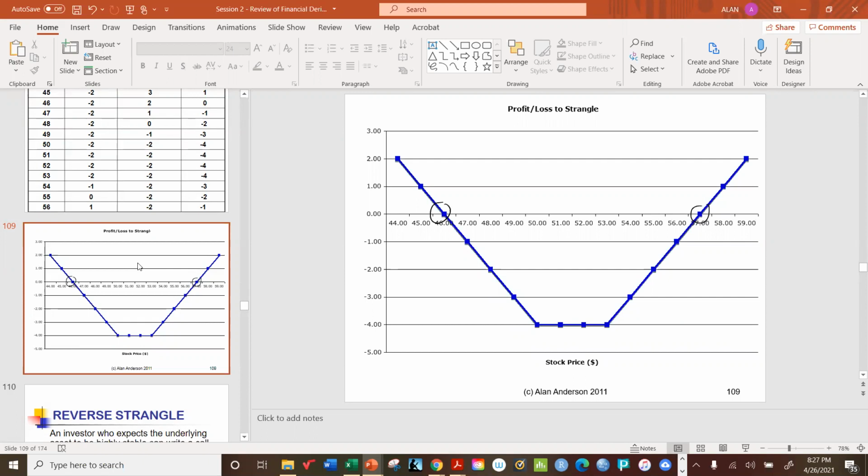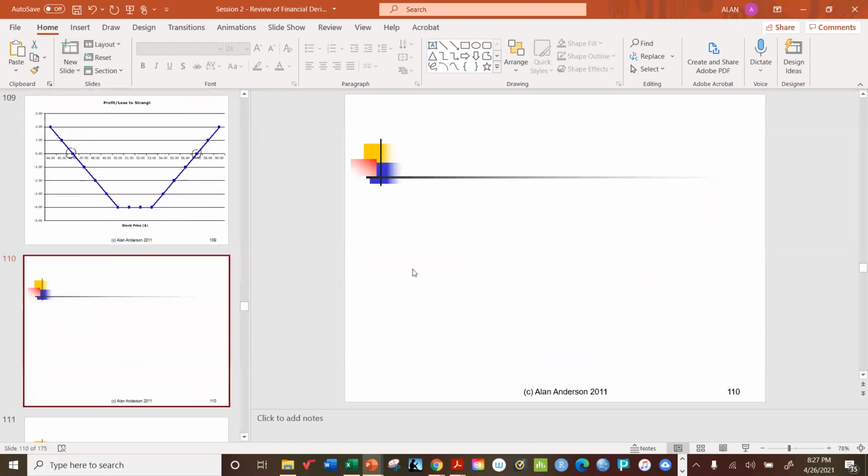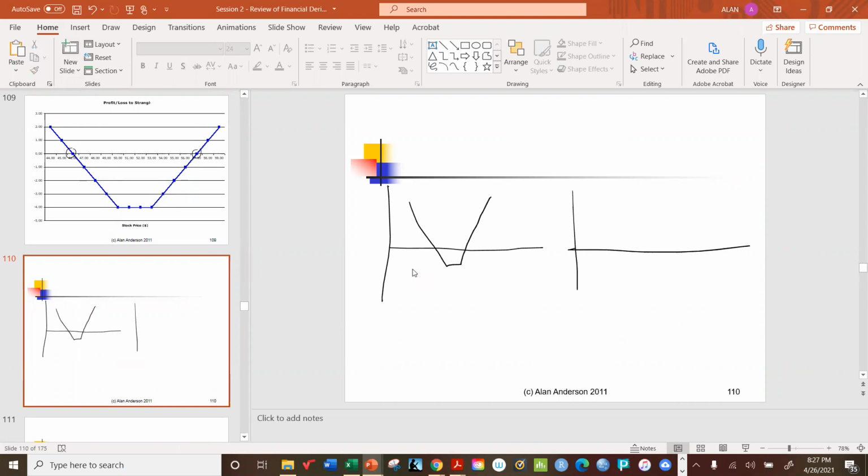And you can pick any two strikes you want. You can have it be as close as you want. So in other words, there's a lot of possibilities here. You could, for example, have something like this where it's almost the same as a straddle, and something like this where the strikes are very far apart, and you could have anything in between.